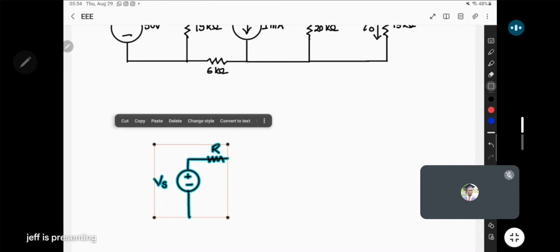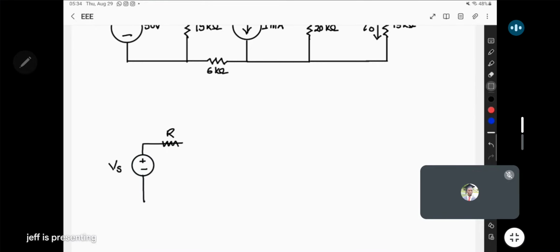Okay, so if you have a resistor and a voltage source connected in series, like the way these two are, so that this is node A and this is node B, you can transform this so that you now present it as a current source instead.